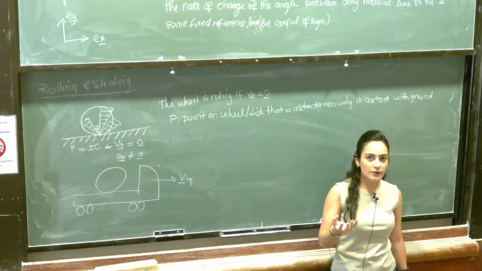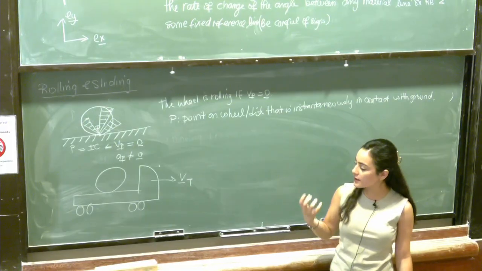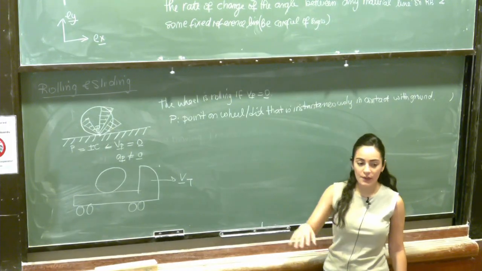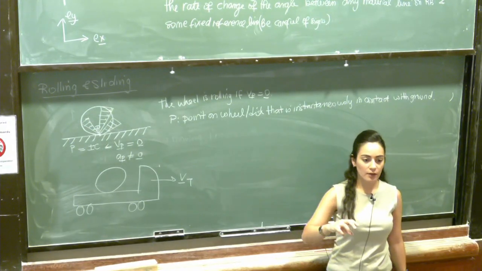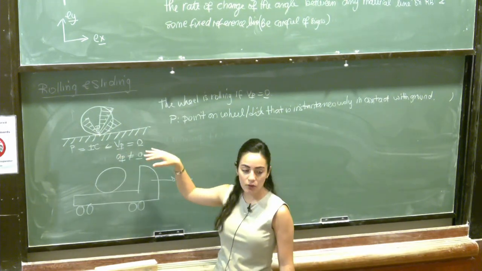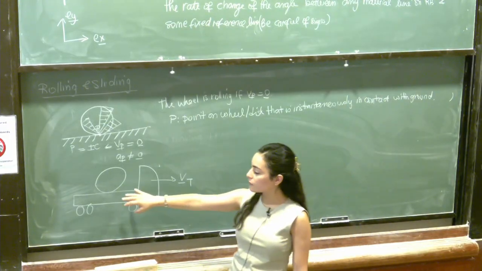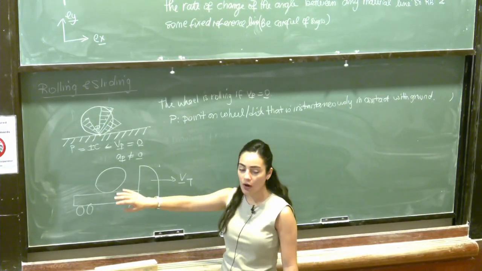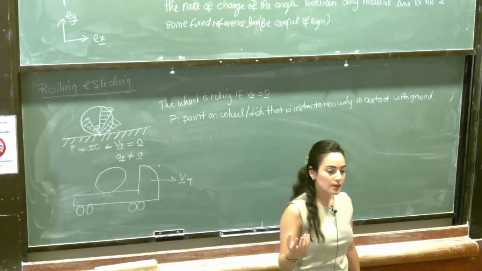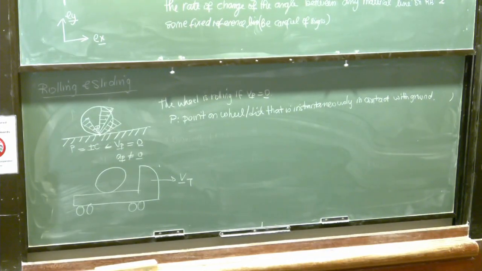What is the mathematical condition that says that the wheel is rolling without slipping on the back of the truck? For example, if the wheel is rolling without slipping on a fixed surface, then VP is 0. What about for the wheel on the truck bed? What is the mathematical condition that is equivalent to saying that the wheel is rolling without slipping on the truck bed?